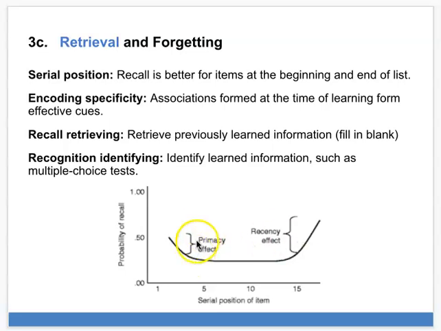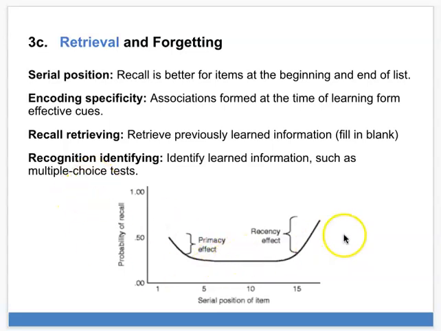The primacy effect is that next you're going to remember the first few that you tried to remember, right? You will have the least recall for the items in the middle, like 6, 7, 8, 9, 10.